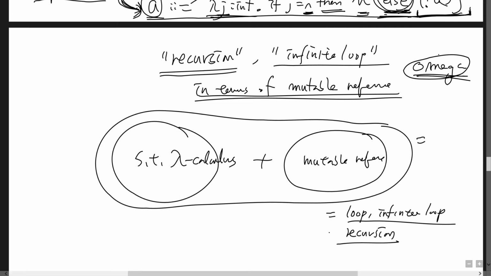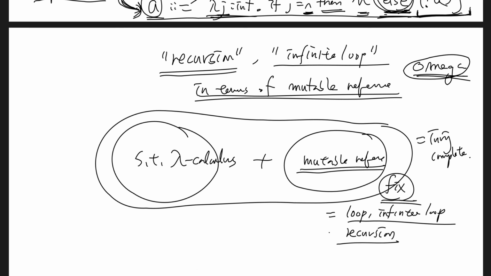So this language is Turing complete. What this implies is that in the presence of mutable references, you don't actually need this fixed point construct, because you can simulate this fixed point construct in terms of mutable references.